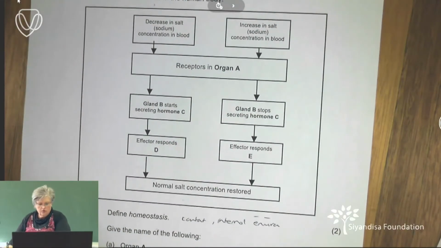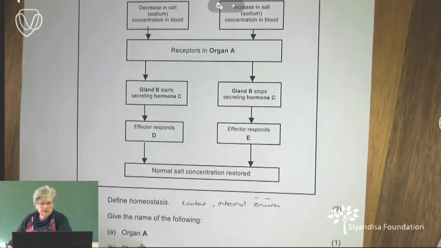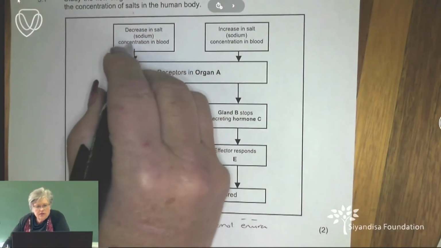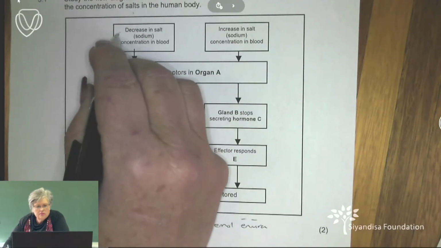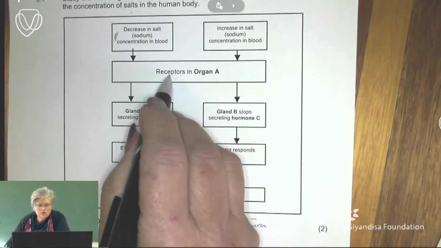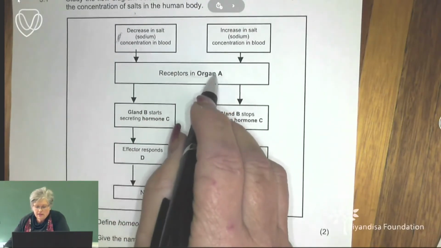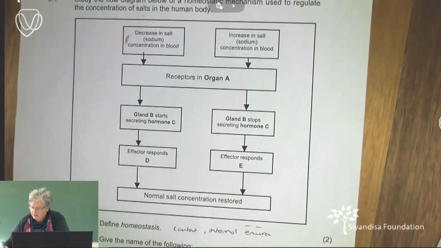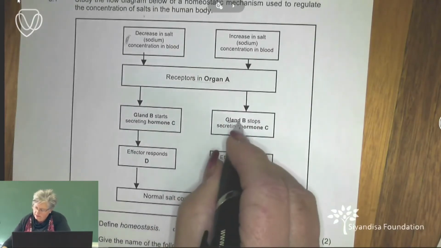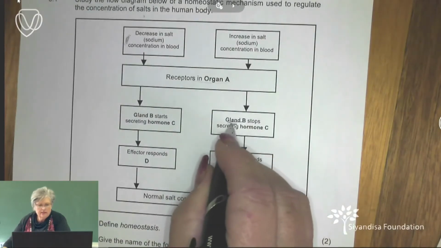Give the names of the 2 organs. Okay, organ A. So what is this all about? This is all about sodium or salt concentration. So where is my salt concentration regulated? It's regulated in the kidney. What gland plays a role in there?